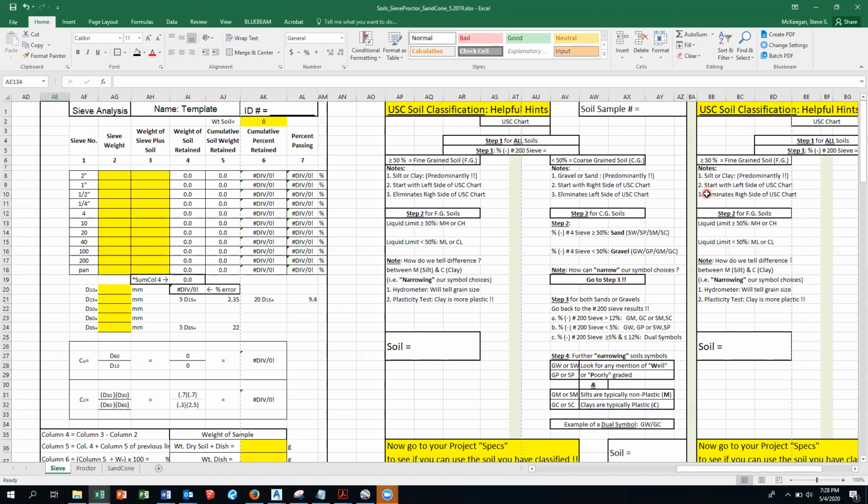And then the homework is the classification of soil A and soil B samples, the same ones that you did the sieve data sheet and the graph for. You're now going to classify according to the USC chart, the Uniform Soil Classification Chart, that is on the Excel, which is attached to Vanco.